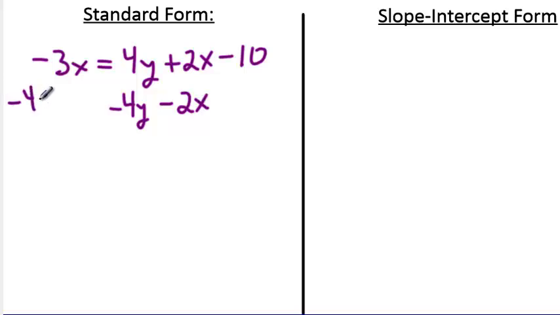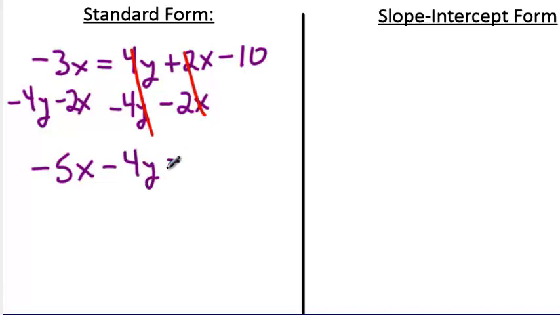So minus 4y and minus 2x. Now you can see over on the right side, those add up to 0. So on the left, what I have is -5x if I combine the x's. -3 minus 2 is -5, minus 4y, and that equals -10, and that is standard form.